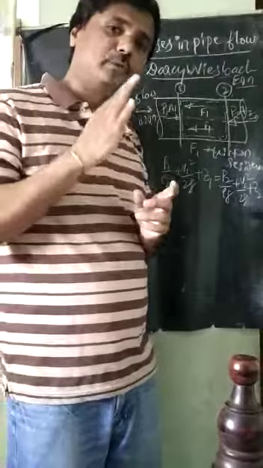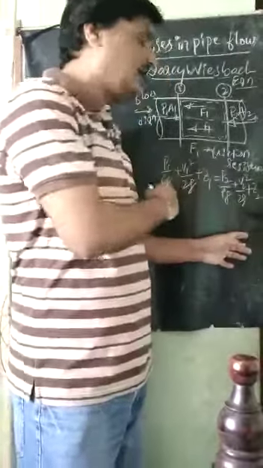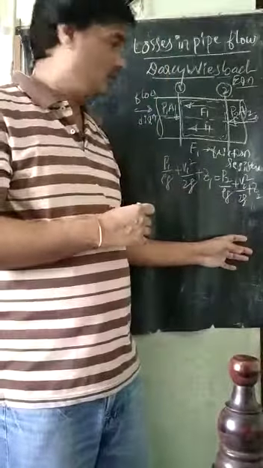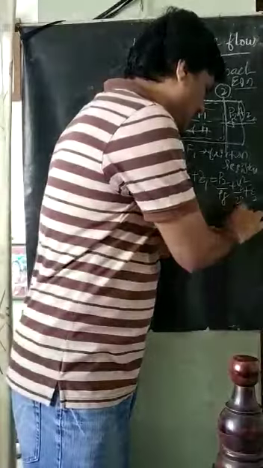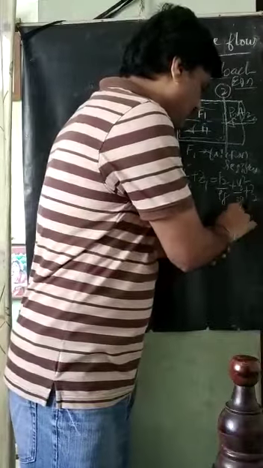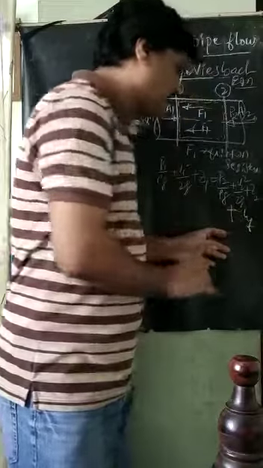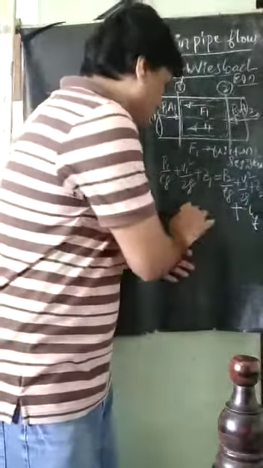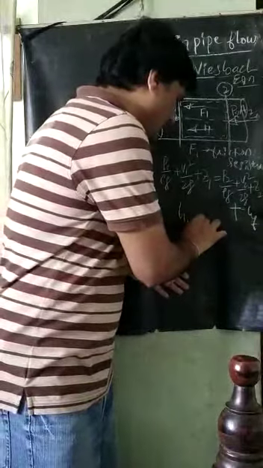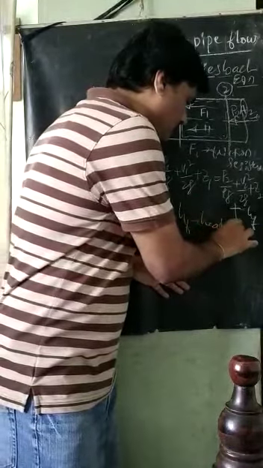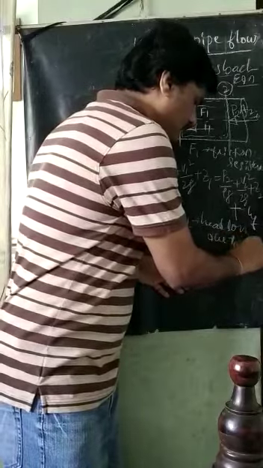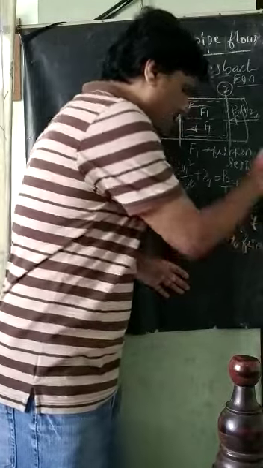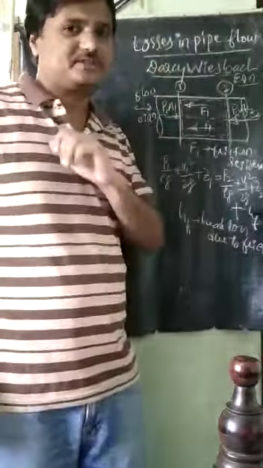That's why it has to be accounted on the right side of the equation. So we are taking plus HF on the right side, where HF is the head loss due to friction here.